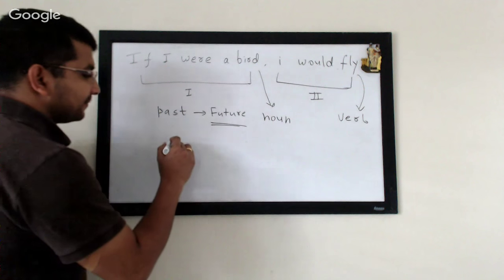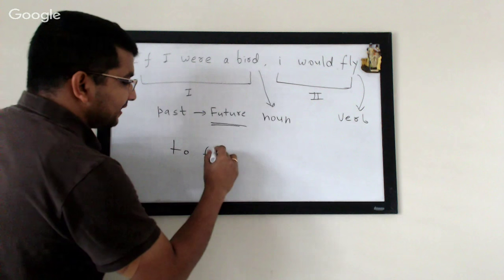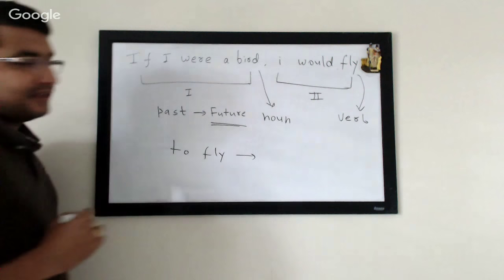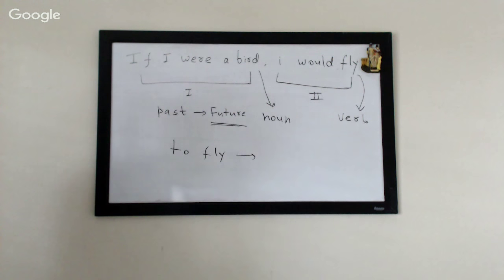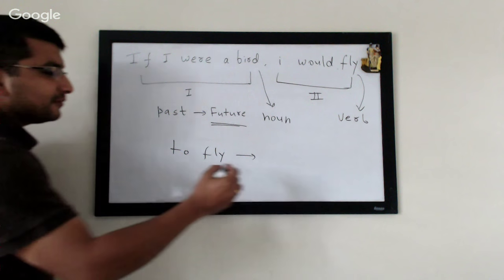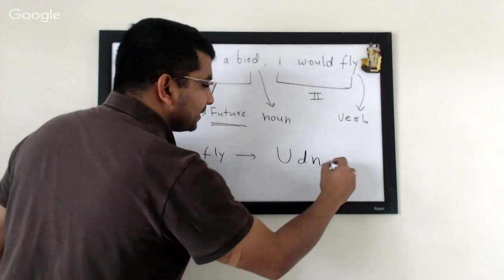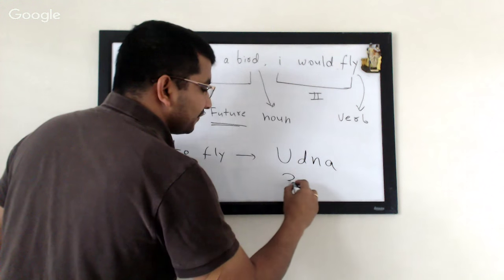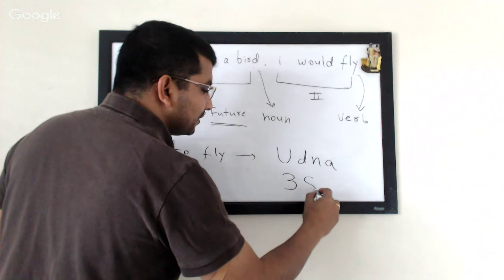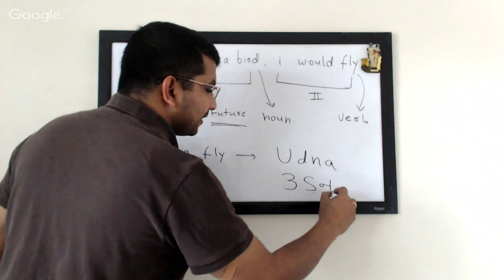I'll give you a quick 10 or 15 seconds, and then I'll give you the answer. To fly is a verb. It means udna. Udna in Hindi. It's the way you write it in Devanagari: u, d, and then na. Udna.